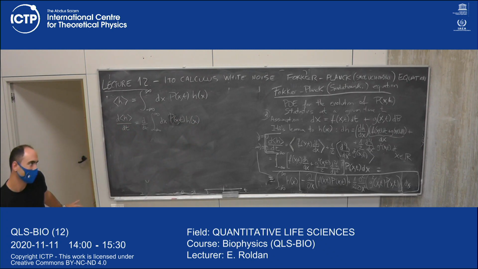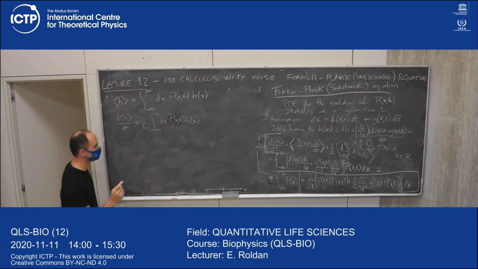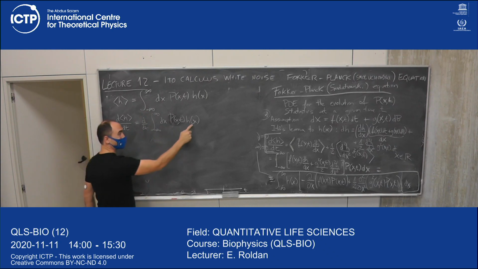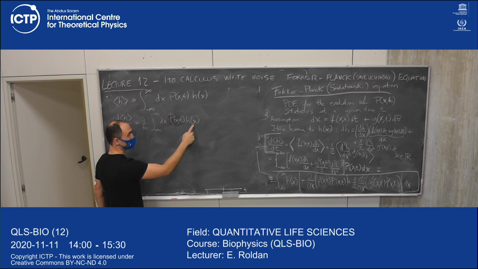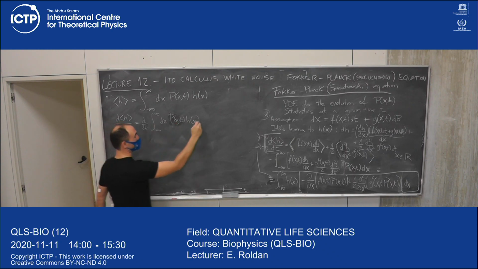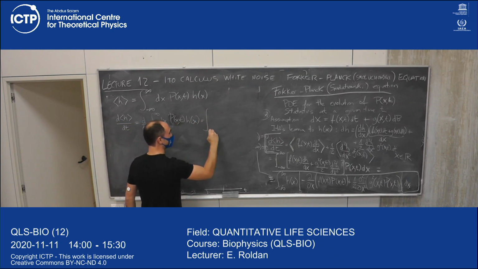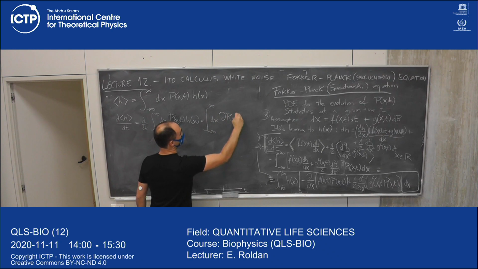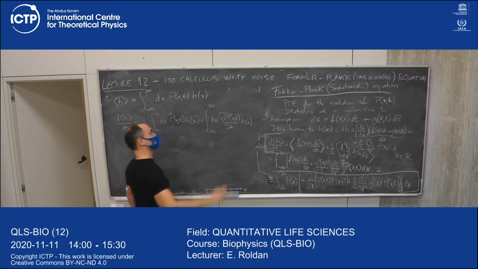You had a course of mathematics, so it should be easy. It is only the derivative of p that matters, because h(x) doesn't depend on t. This is the only thing that depends on t. So it's the integral from minus infinity to plus infinity dx of the partial derivative of p(x,t) with respect to t, times h of x. Fine.